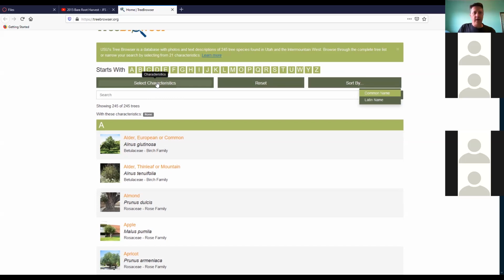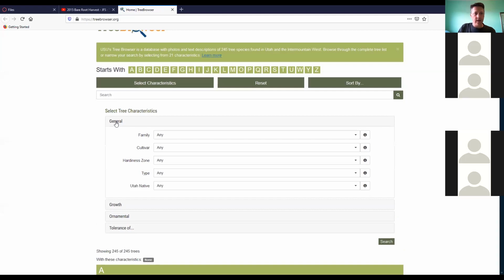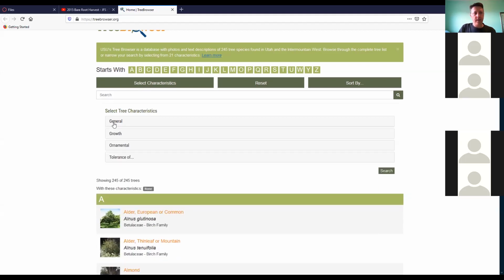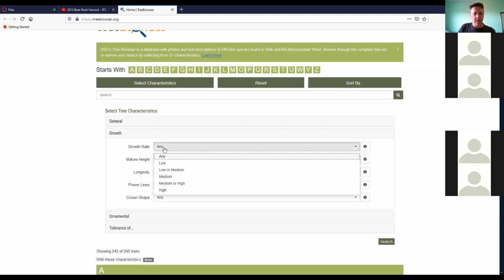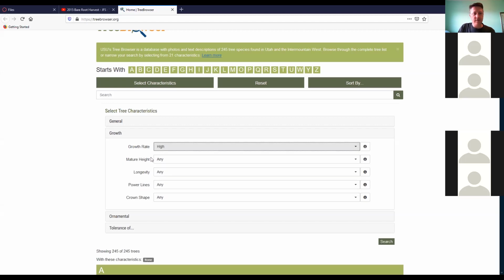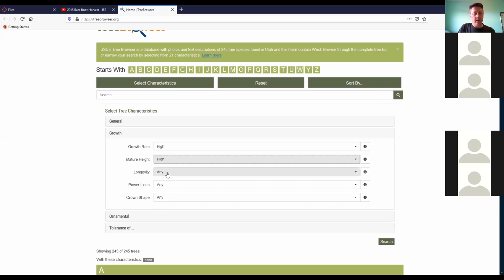You have this criteria right here called select characteristics. When you click on that, this is where we can filter this list of 245 trees based on hardiness zone or type, so if we wanted only broadleaf plants or a Utah native, and we want to look at growth. For example, a lot of people want a high growth rate. So I look at something that grows fast and is tall, so mature height is high, and crown shape I'll leave as any.